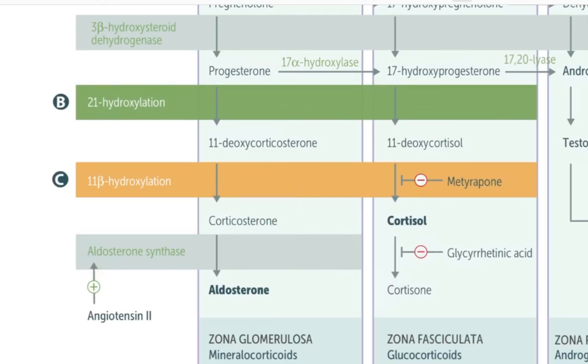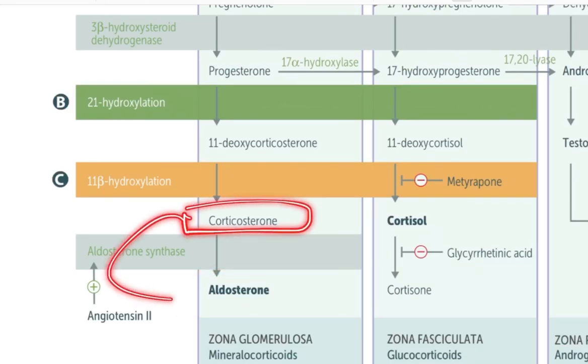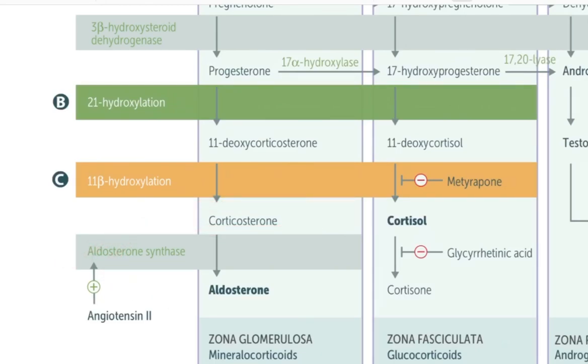Now this corticosterone, by the help of aldosterone synthase, produces aldosterone. So corticosterone is converted to aldosterone by aldosterone synthase, and this is promoted by angiotensin II. Hence, angiotensin is the regulatory mechanism for production of aldosterone. Is it clear?